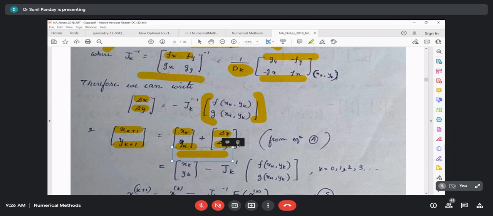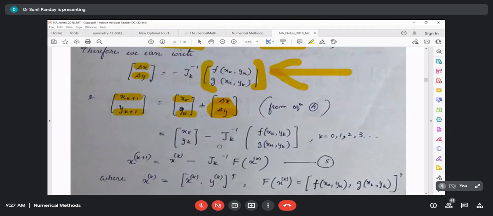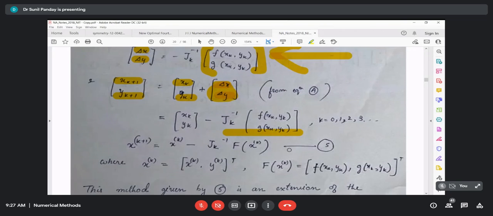Now this value is the correction, which we have obtained here: the delta x, delta y matrix equals minus jk inverse times f of xk yk and g of xk yk.